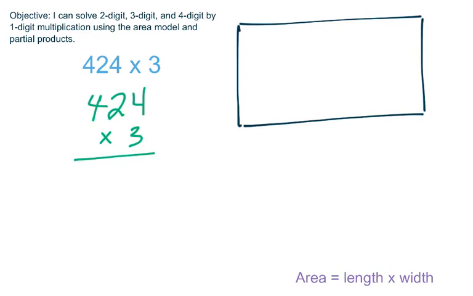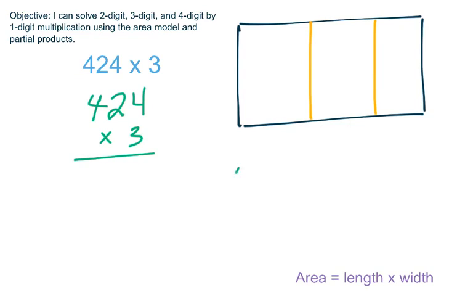If I think about how many digits 424 has, I know it has 3 digits, which is an automatic tell for me that I'm going to have 3 sections to my area model because I need 1 section for each place value. The next thing I need to do is think about what each of those digits represents in that place value.